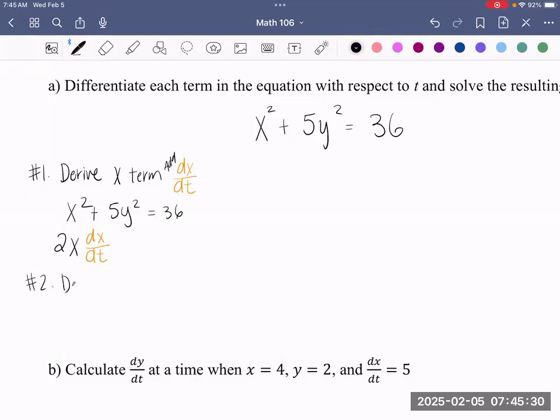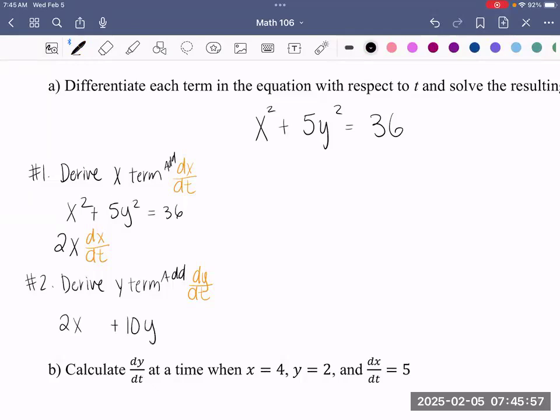Step 2, let's derive your y term and add, instead of dy/dx, dy/dt, because each of our variables needs to have some sort of t aspect, in our case perhaps time. So we have 2x dx/dt plus 10y to the first dy/dt.